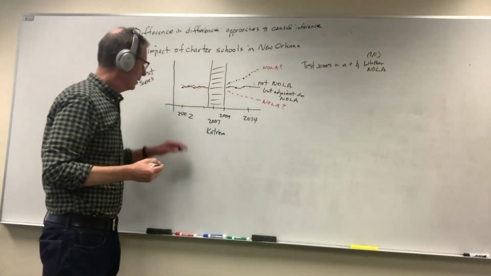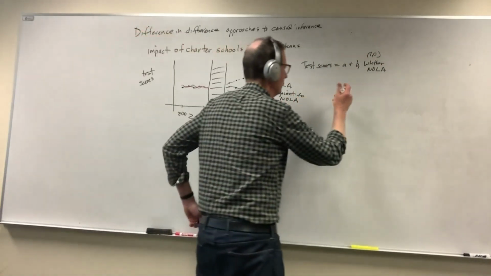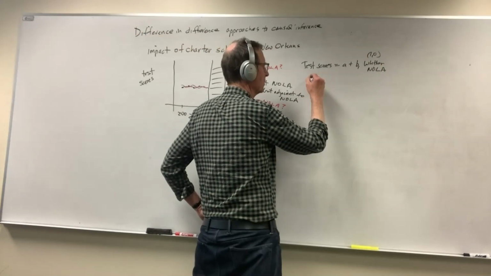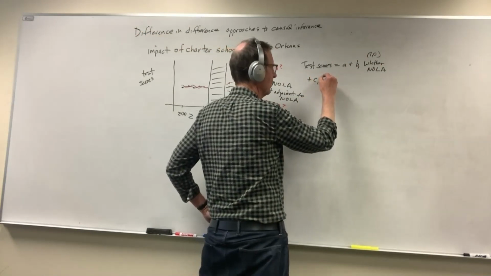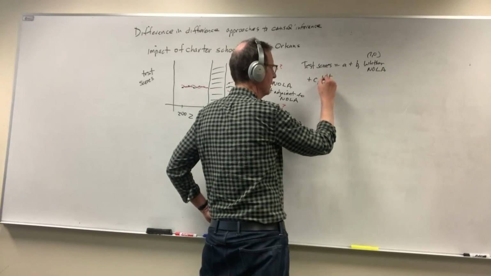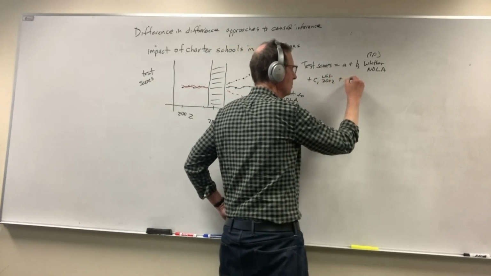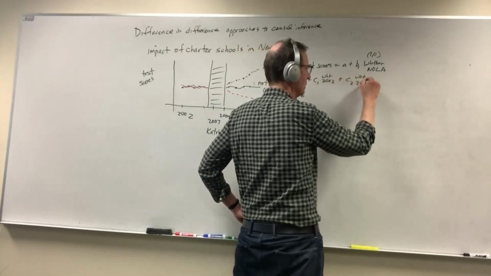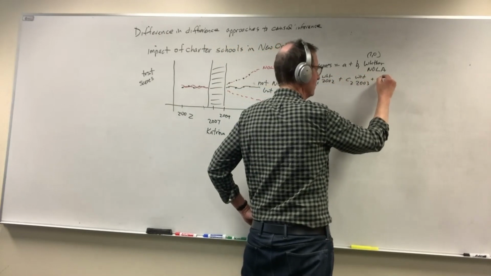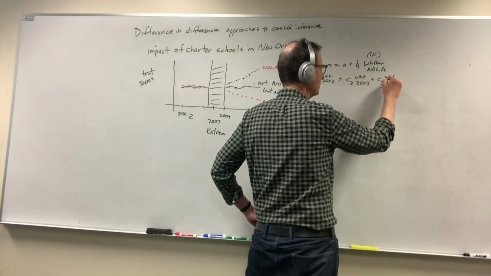And now you want to allow for year-to-year variation. So you want, let's call it C1, whether we're talking about 2002, plus C2, whether 2003, plus C3, whether 2004.